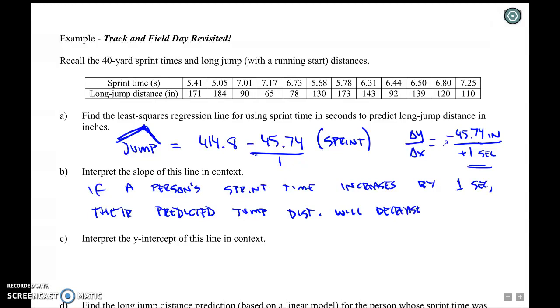Why decrease? Because it's negative, by 45.74 inches. Okay? Kind of the key word that you got to watch out for on this one is predicted. The actual jump distance does not necessarily change by 45, but the predicted will change by exactly 45.74.